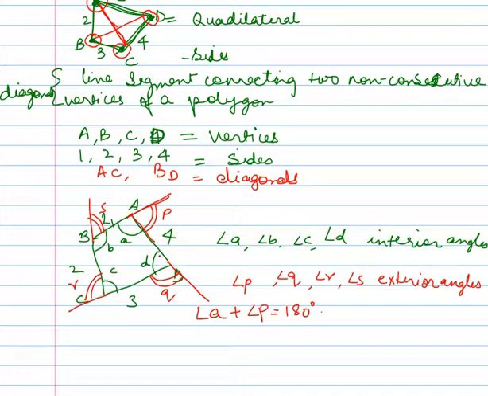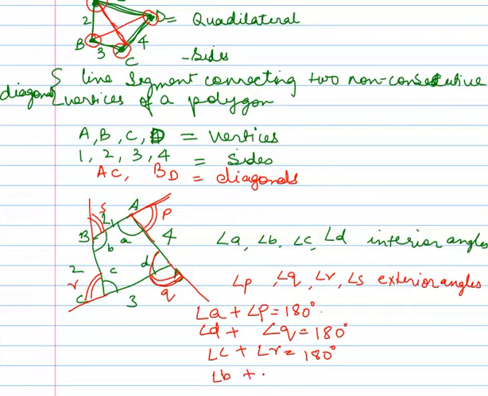Over here angle D, so this whole is a line, so angle D plus angle Q should be equal to 180 degrees. Angle C plus angle R should be equal to 180 degrees, and angle B, it is B.